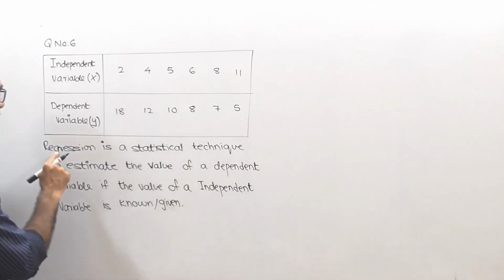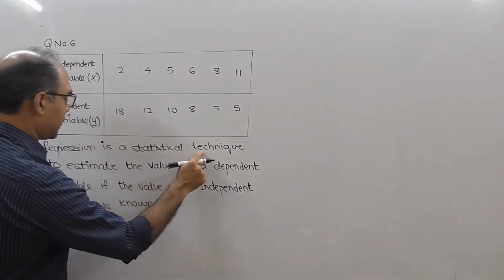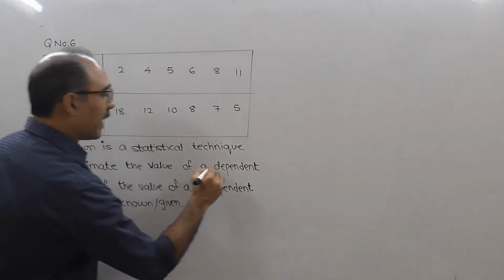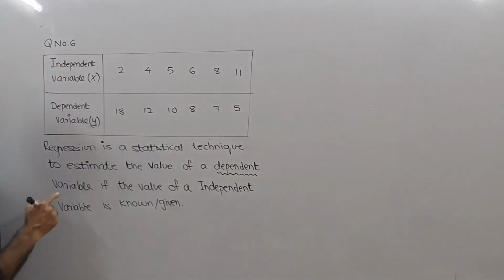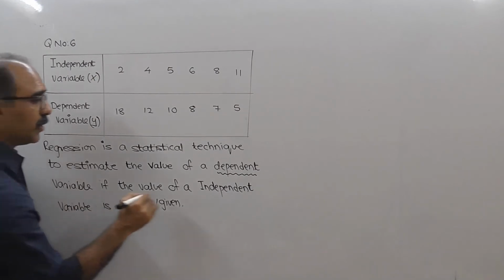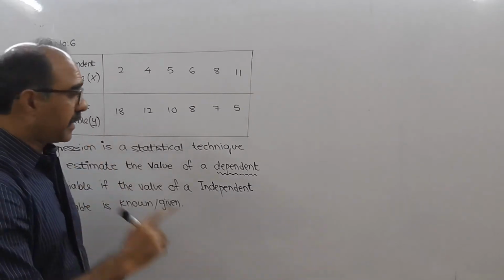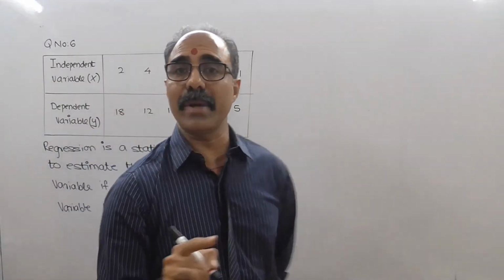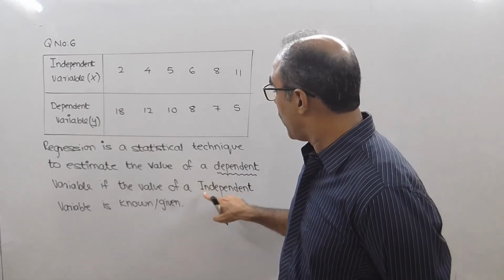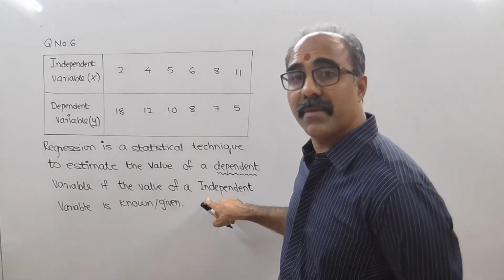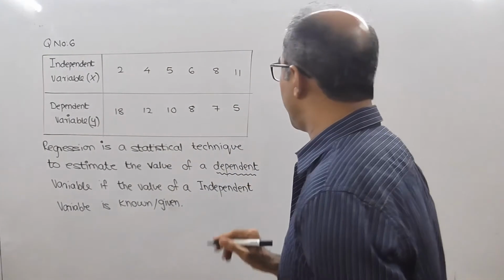कैसा याद रखने का? See, regression का definition क्या मालूम है? Regression is a statistical technique to estimate the value of a dependent variable if the value of independent variable is known or given. So in this case, what is a dependent variable?